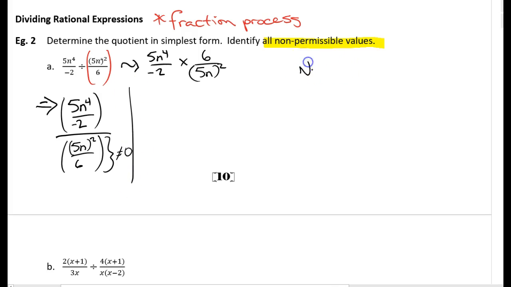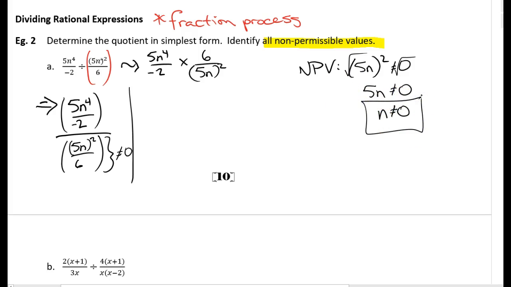And so when I solve for my non-permissible values, I've got 5n squared cannot be 0. If I take the square root of that, I've got 5n cannot be 0, or n cannot be 0. Again, if you can spot this part right off the hop, good on you. Go nuts. Just jot it down. If you need to solve for it, take the time to do that.